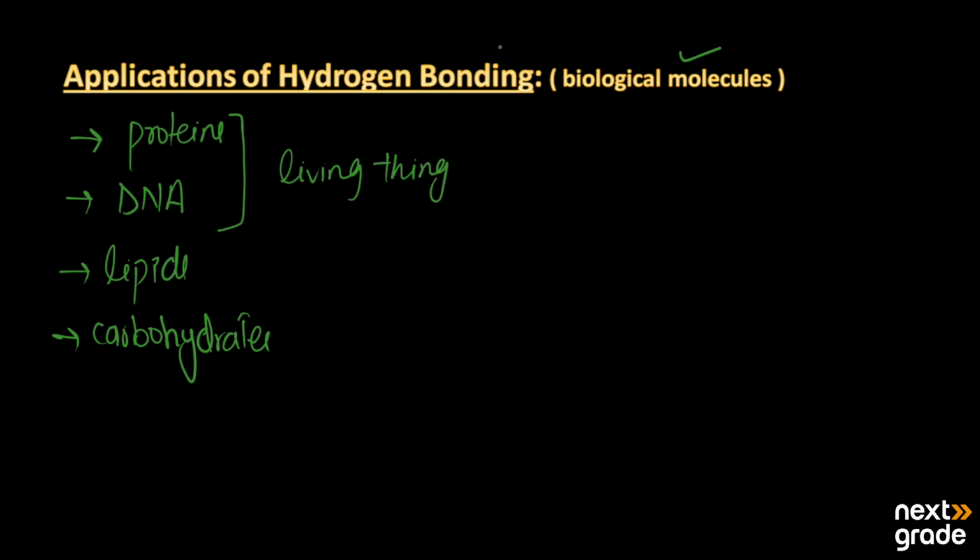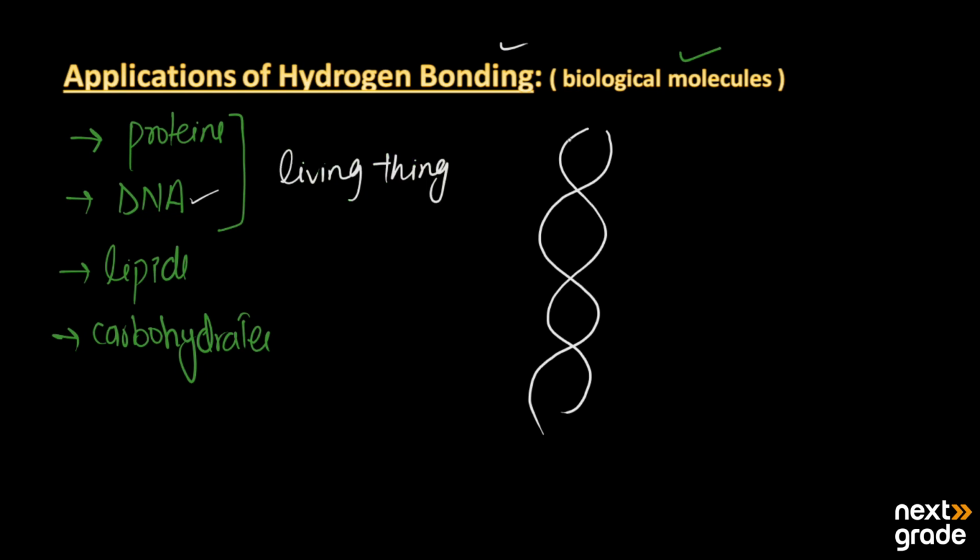Now, what is the application of hydrogen bonding in them? Let's discuss the structure of DNA. DNA has a double helical structure, in which two strands are twisted around each other. Now, how are these two strands joined with each other? One strand has nitrogenous bases: adenine, guanine, cytosine, and thymine.